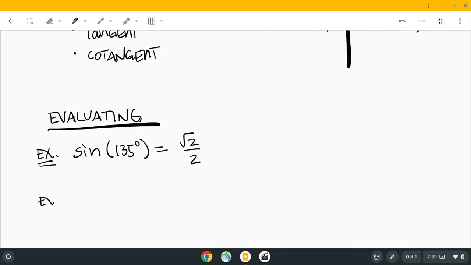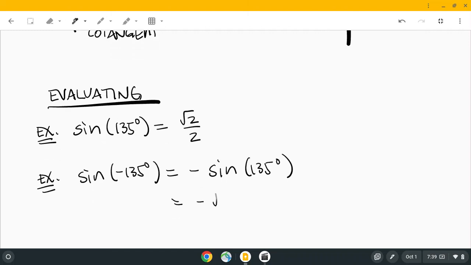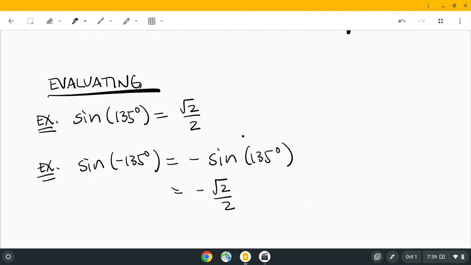But if I do sine of -135 degrees, that's the same as doing the negative of sine of 135 degrees. That's all they're saying with these odd and even functions. So that's going to be negative square root 2 over 2. But like I said, you probably have these already memorized. So trying to evaluate these in terms of odd and even is just another way to look at it. But if you already have these memorized, like, oh, sine of 135, I'm in quadrant 3, so that's going to be negative, that's fine too.